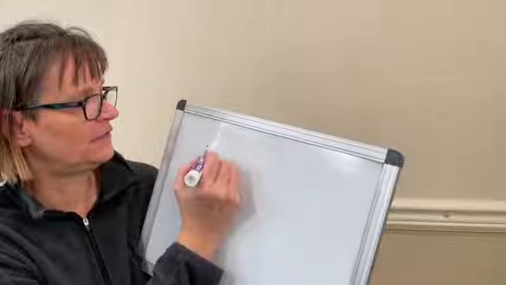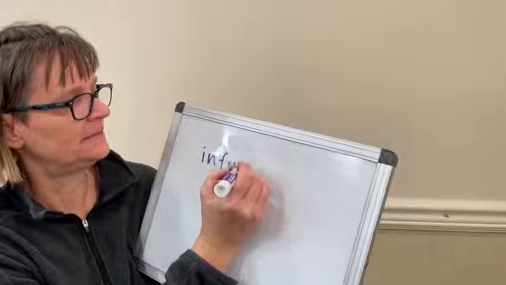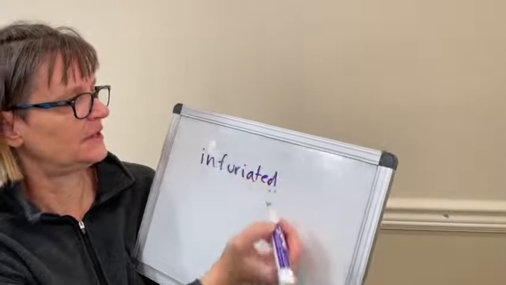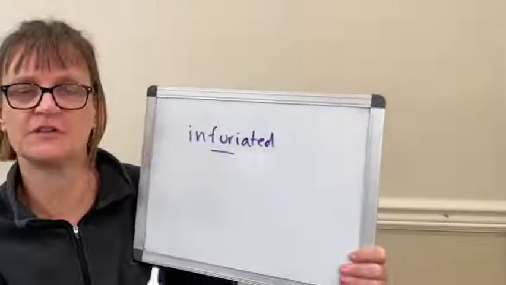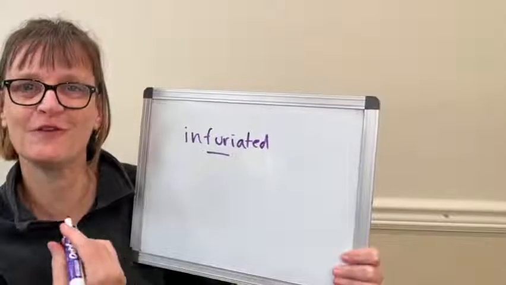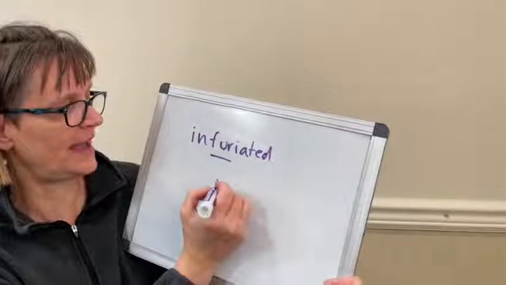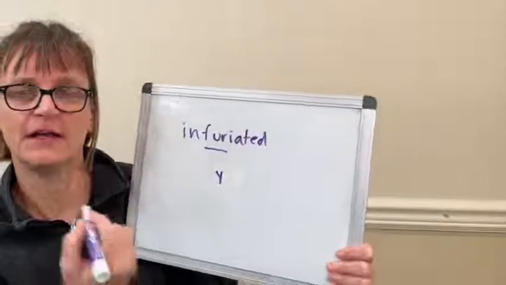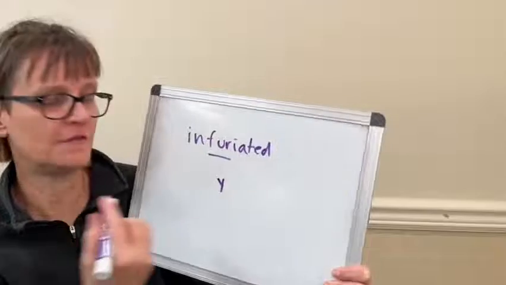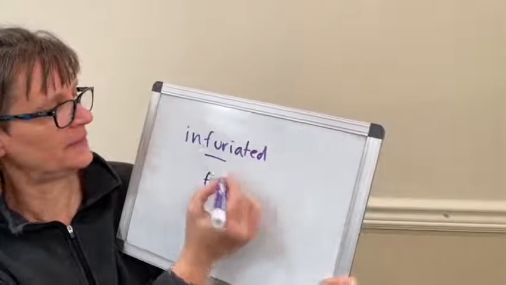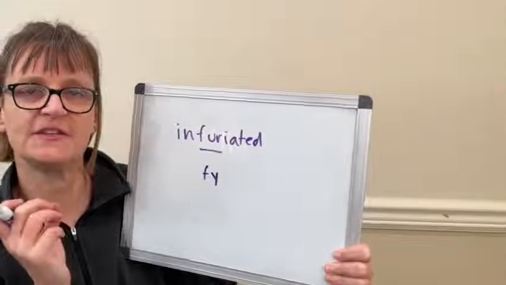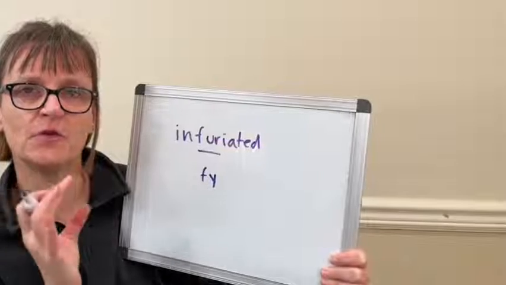Okay, we have a question about the word infuriated. So in infuriated, our stress is on the fur syllable, like the word fury. This is another example of a U that has a gliding y sound, infur. You can say this as infuriated with more of an ur.